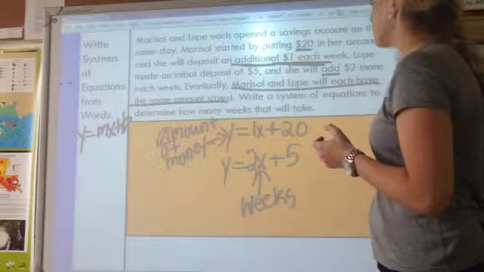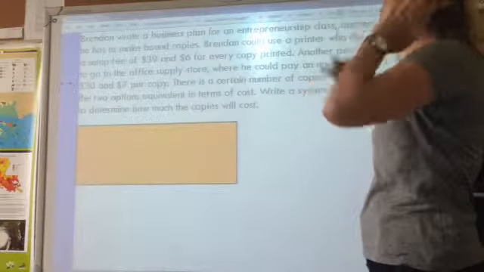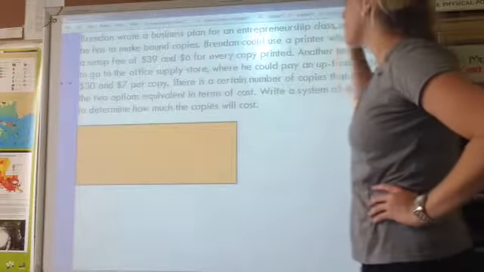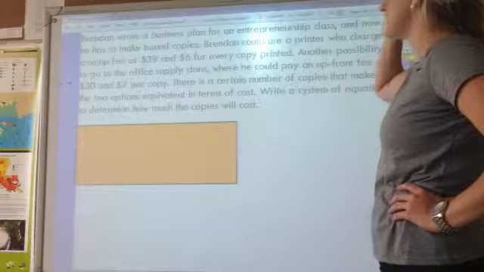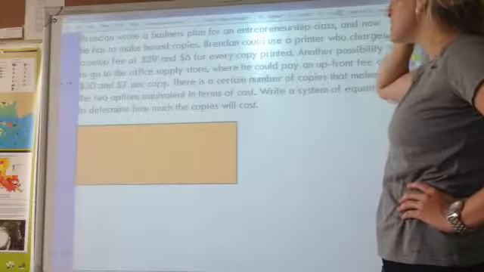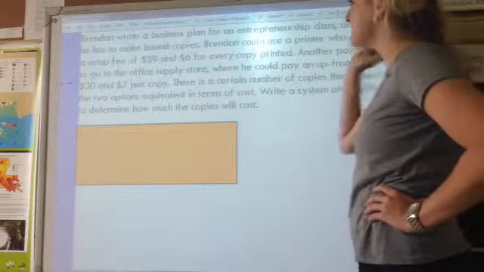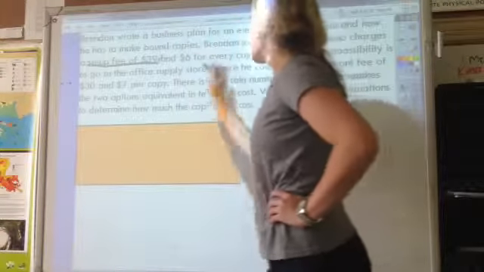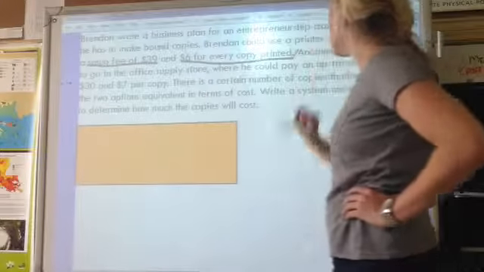Let's do another example. All right, again, don't write this, I'll tell you what to write. Brendan wrote a business plan for an entrepreneurship class, and now he has to make bound copies. Brendan could use a printer who charges a setup fee, underline setup fee, of $39 and $6 for every copy printed.